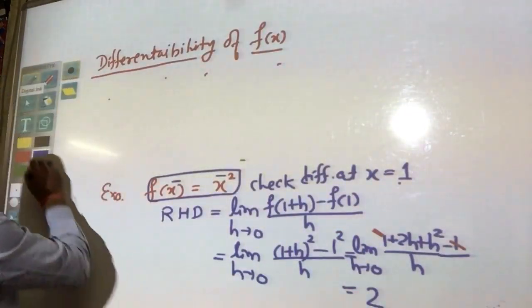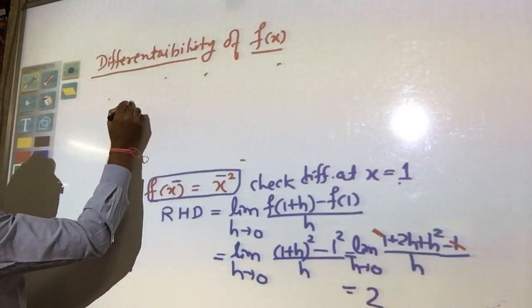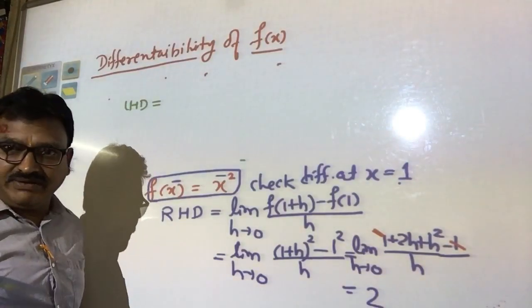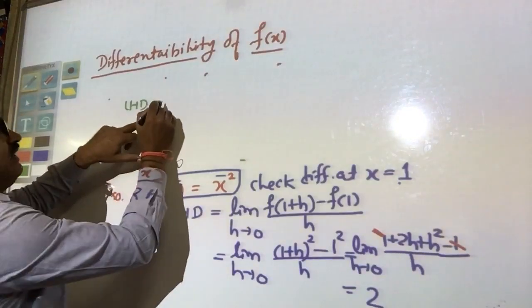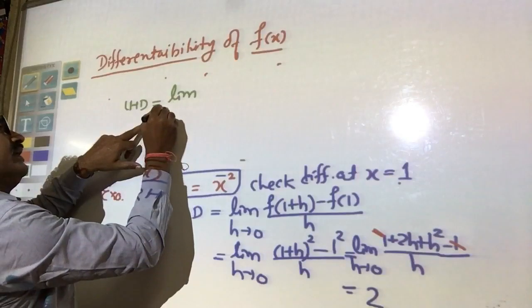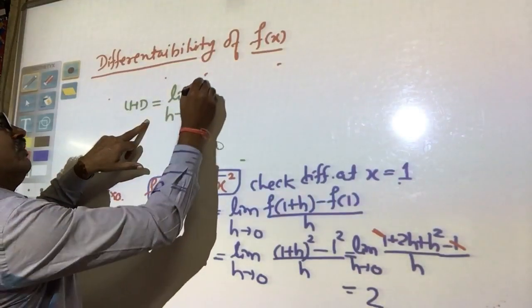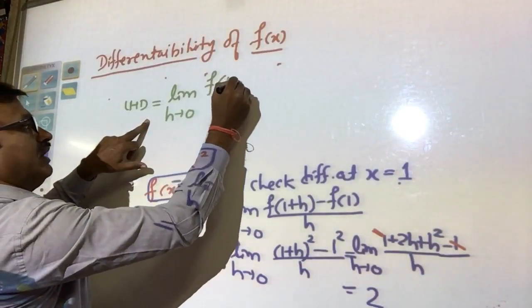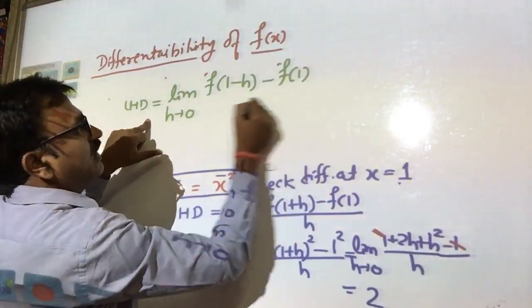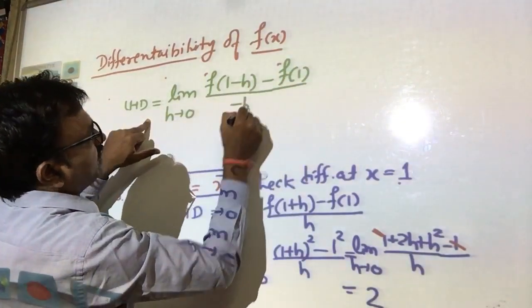So now we will find the left hand derivative. First we will write the definition. The definition is the limit as h tends to 0 of f(1 - h) minus f(1) divided by minus h.